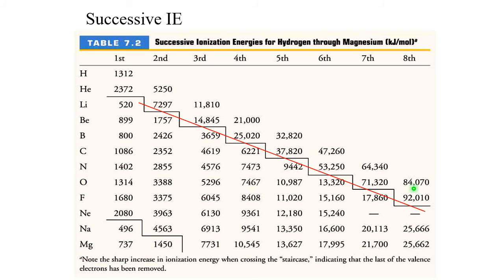So very quickly we are coming to ionization energy of 100,000 kilojoules per mole. That's a very large number. And here we see periodicity: increase, increase, increase, starting a new period, drops down, and then increase again.